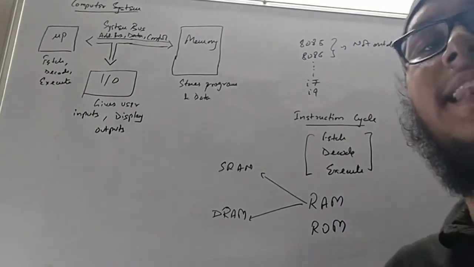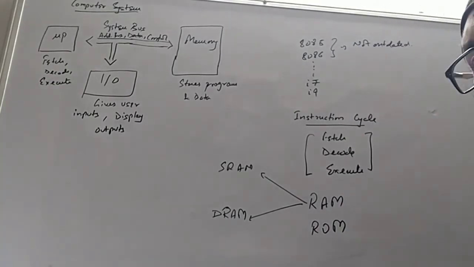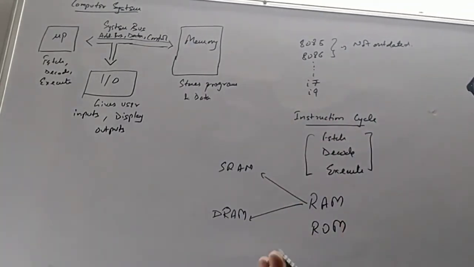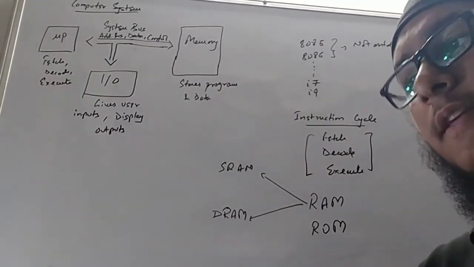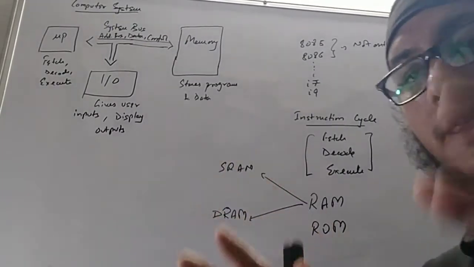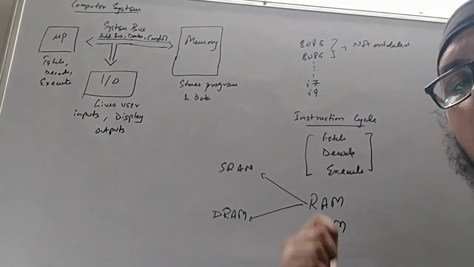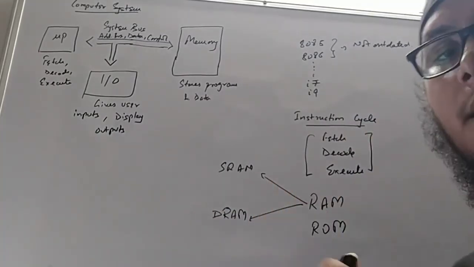So from now on, whenever we talk about memory, the word memory refers to primary memory, that is ROM and RAM.